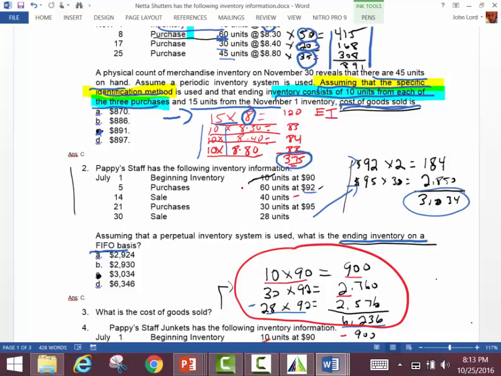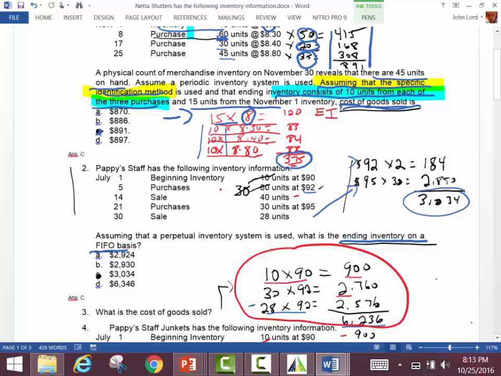Okay. Then they go ahead and they sell 30 of these, right? So there's 30 left. First in, first out. Did that give me my first 40? Okay. Then they buy 30 more and they sell 28. So if we're doing first in, first out, which one should we grab first?